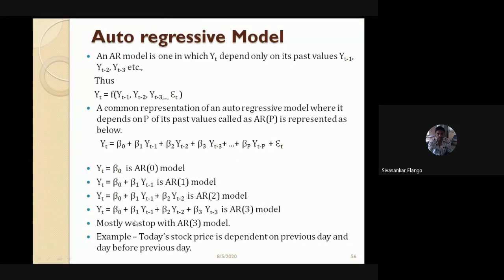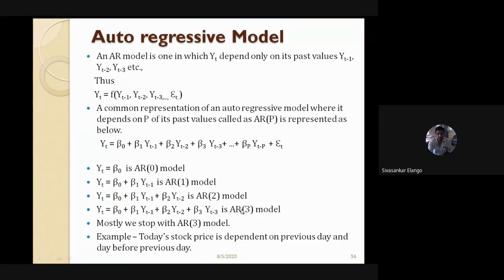This is what we initially worked on in our problem. We solved an autoregression 3 model, where we explored whether the sales of a particular product depend on the sales of the past 3 months, yt minus 1, yt minus 2, and yt minus 3, where beta naught is the intercept, and beta 1, beta 2, and beta 3 are the coefficients associated with these variables.